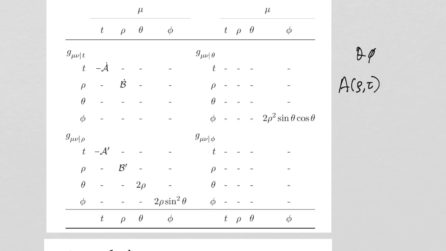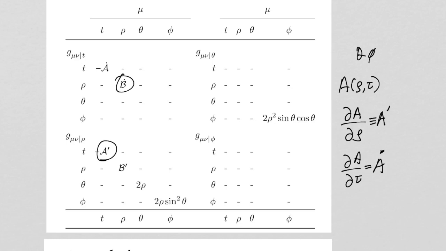So if I'm talking about dA d rho, I'm going to write that as a prime. And dA dt will be a dot. So the dots are partial derivatives with respect to time.